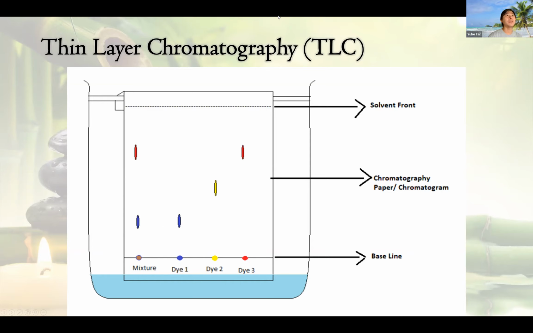So let me use a laser pointer. For example, we have 3 different dyes. We can dot them here at the baseline and put another mixture, a mix of 2 compounds. Then we dip this TLC into a solution.